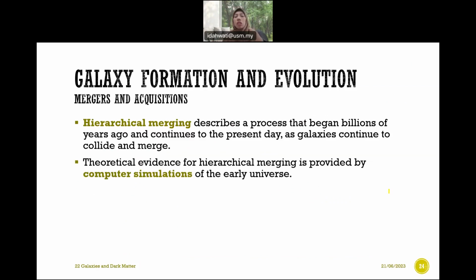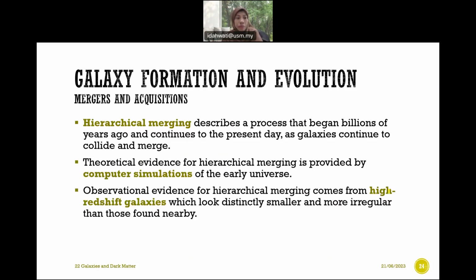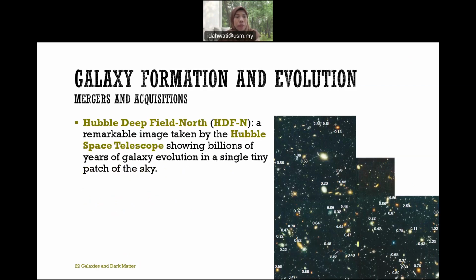So the theoretical evidence for this merging is provided by computer simulations of the early universe. And we have observational evidence also, which comes from high redshift galaxies, which look distinctly smaller and more irregular than those found nearby.